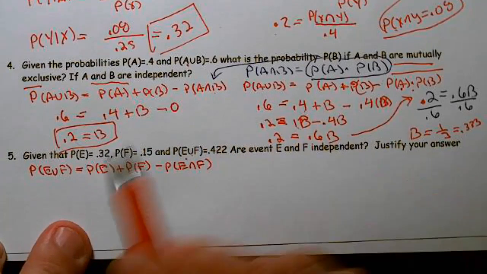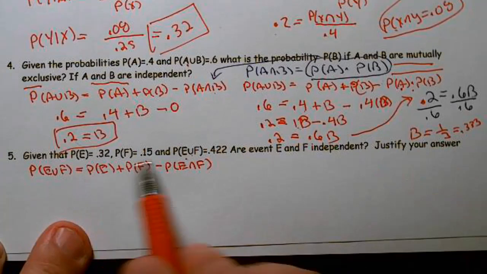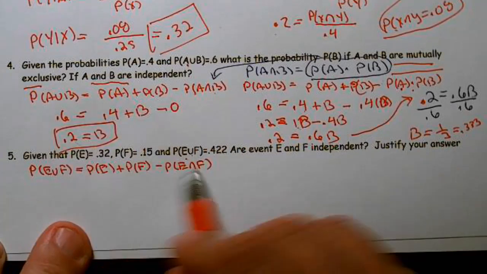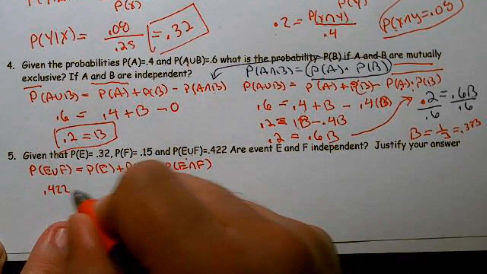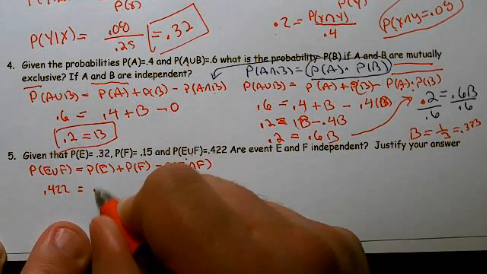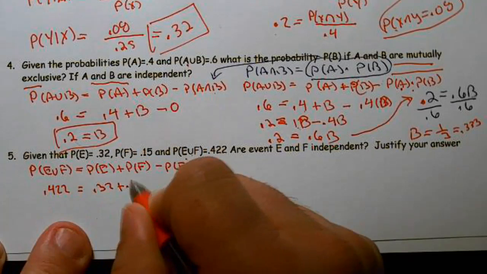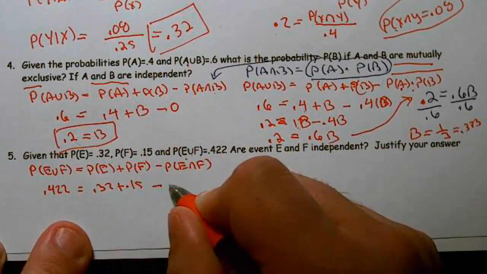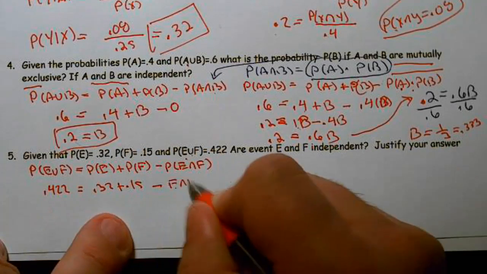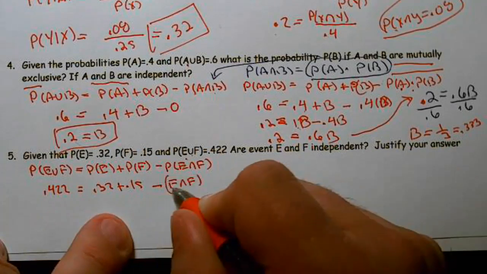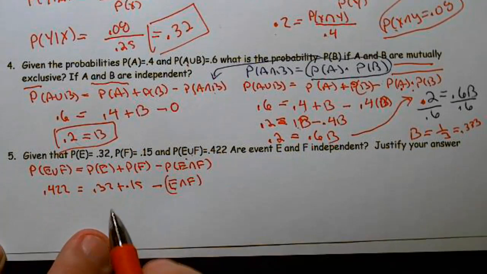This is always just a starting point. I see this, I'm going to write this formula, I'm going to plug in what I have. So this is 0.422 equals 0.32 plus 0.15 minus, and I'm just going to use E and F. I'm just going to get rid of the probability sign for the time being, just to make my life a little easier.